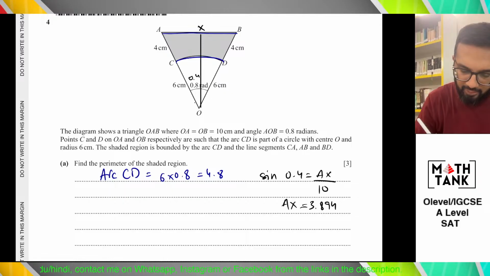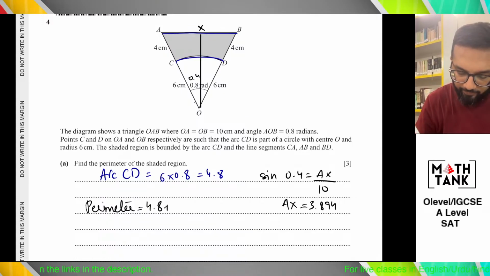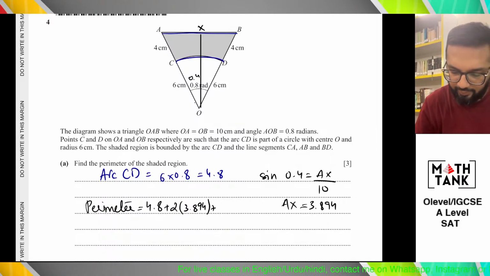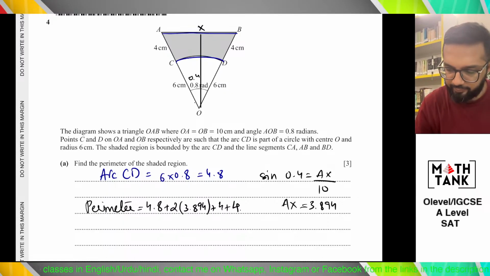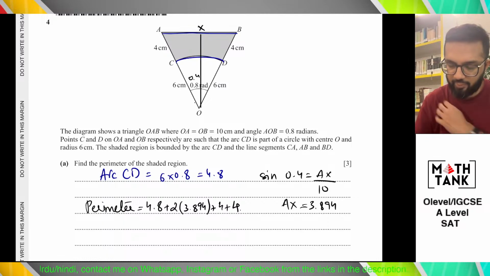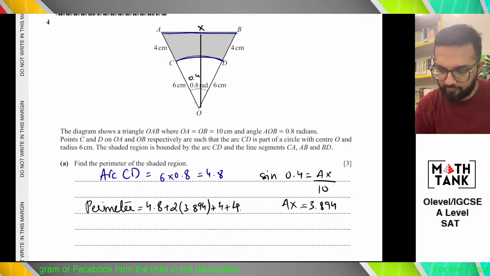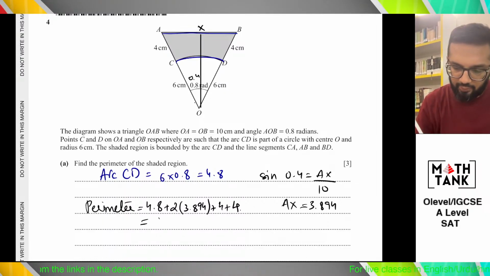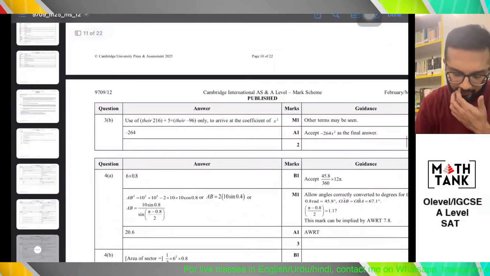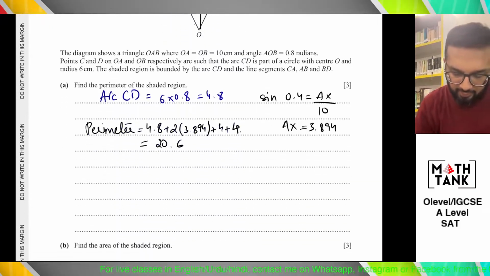So when I'm doing perimeter, I'm going to say 4.8 plus 2 times 3.84 plus 4 plus. That gives me 20.6. Let's verify. Yep, 20.6 is the correct answer.